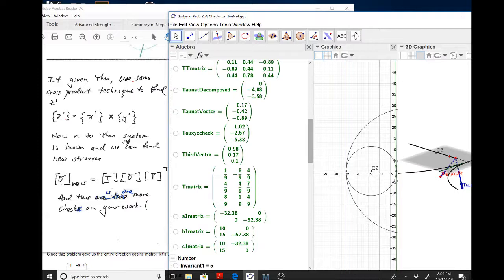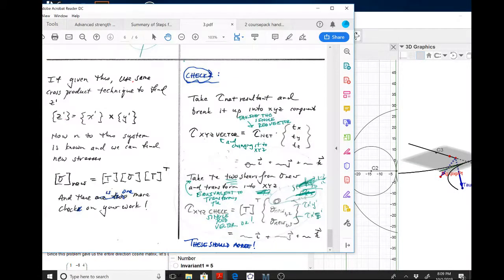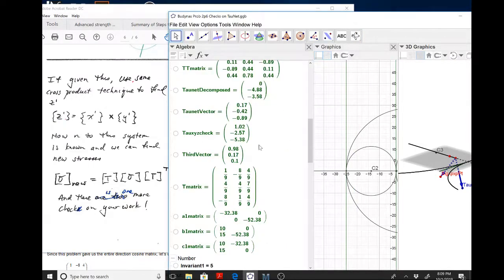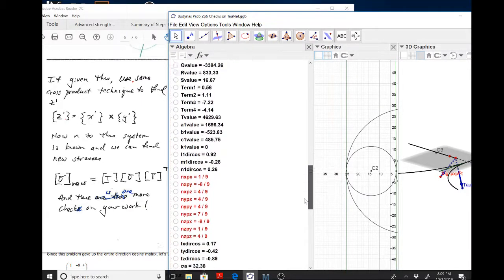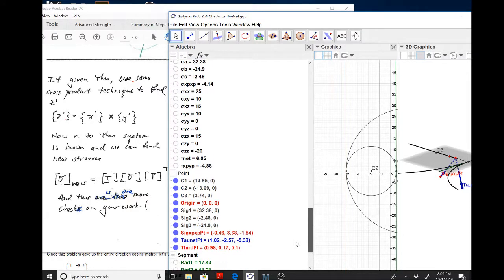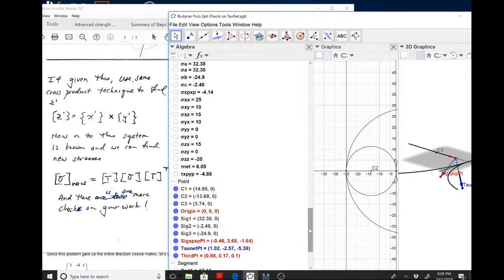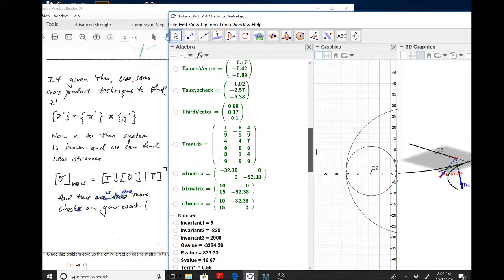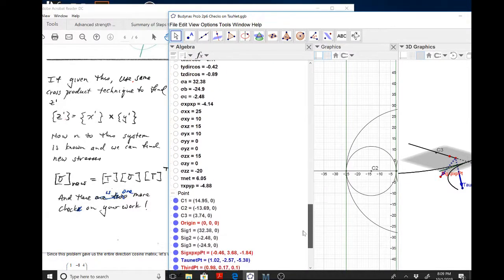And what does that mean? These should agree. So the tau xyz vector from tau net should agree to this. There's the 257 and the 538.